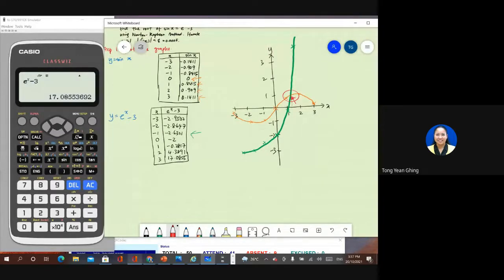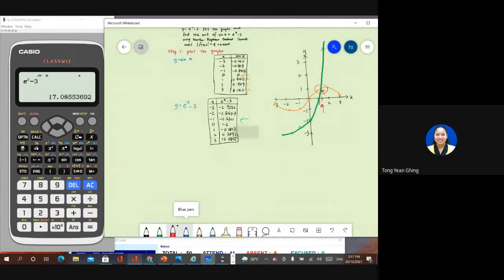Where? Here. Between 1 and 2. Looking at the graph, it is near to 1, so I will choose 1. So step 1, plotting, is done.